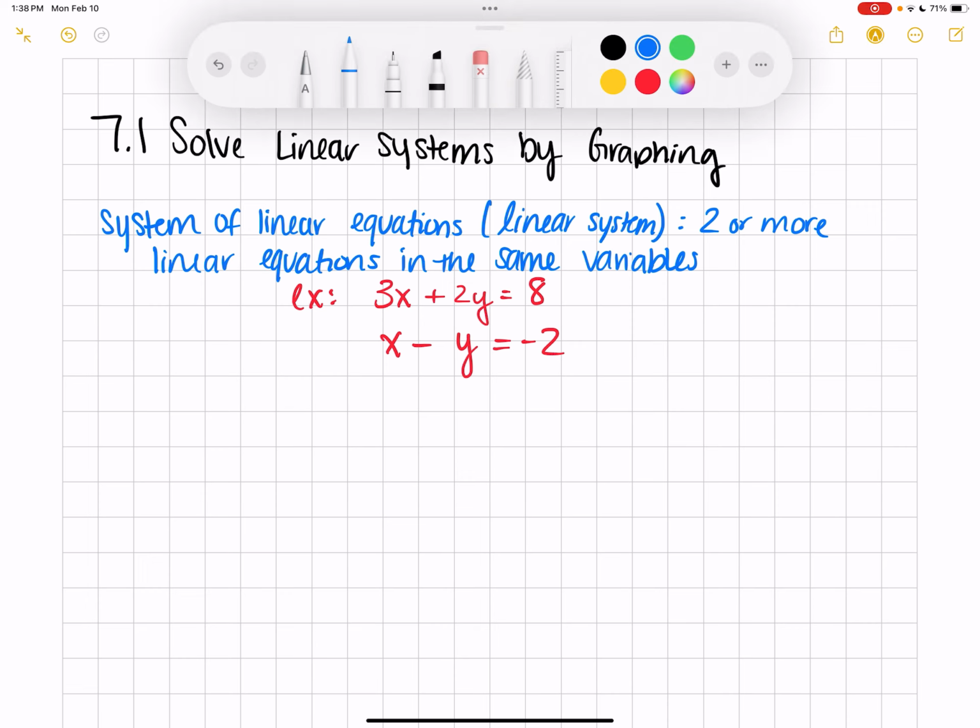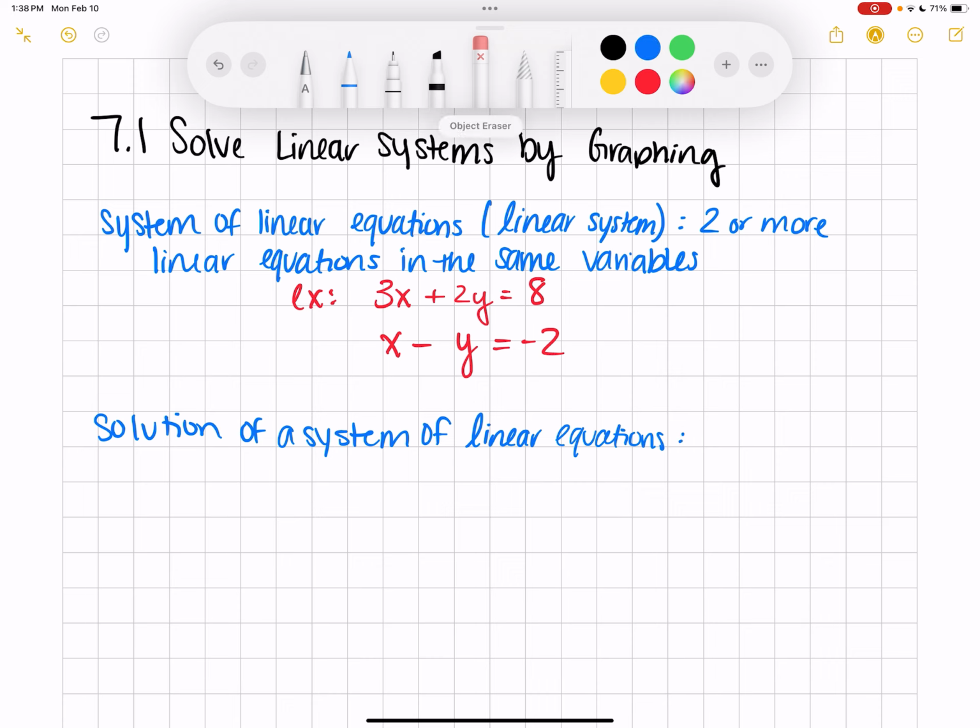Anyways, the other definition that we need to be aware of is the solution of a system of linear equations, which is basically just an ordered pair that satisfies the equation in each system.